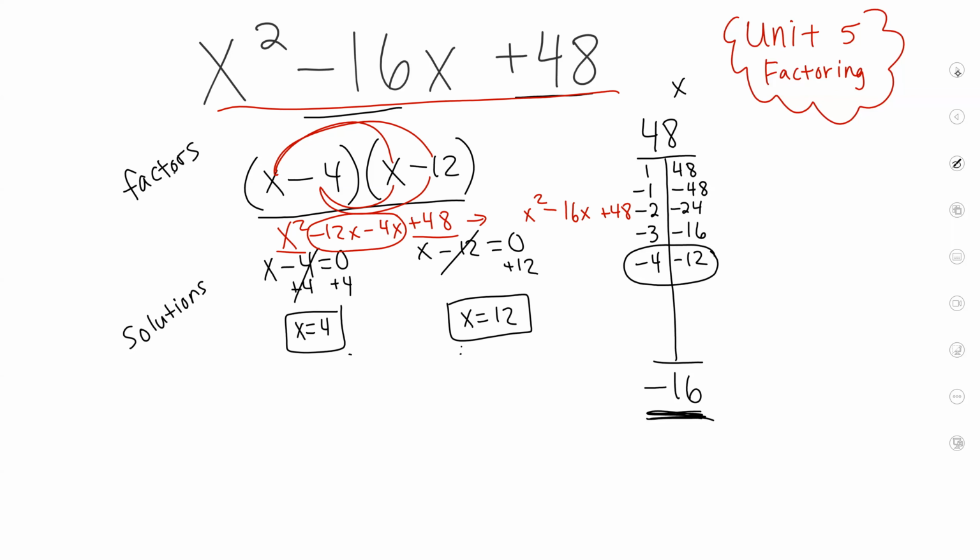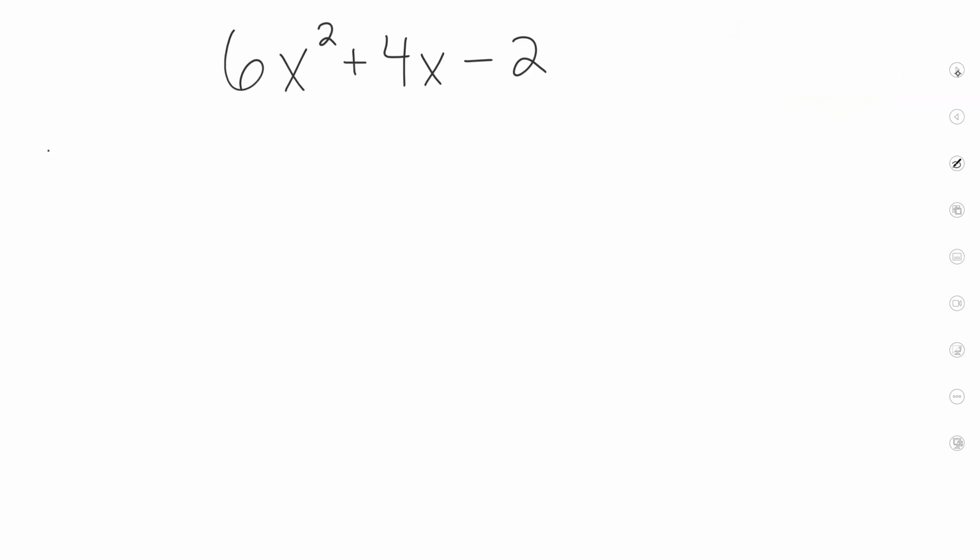Next problem. I'm going to factor this. Now, before I factor, I want to see if I can divide all three numbers by the same thing. And I can. 6 can be divided by 2, 4 can be divided by 2, and 2 can be divided by 2.